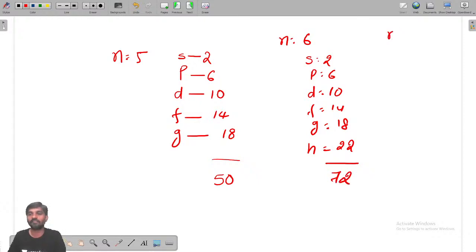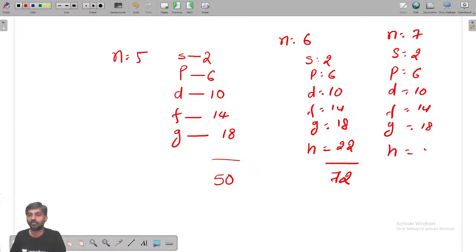For n equal to 7, s is 2, p is 6, d is 10, f is 14, g is 18, h is 22, then i is 26. So how many will it become? 98.